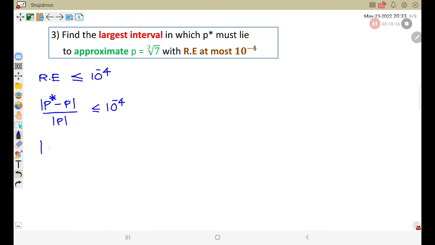Now absolute P star minus the P number, which is cube root of 7, divided by absolute cube root of 7, less than or equal to 10 power minus 4.